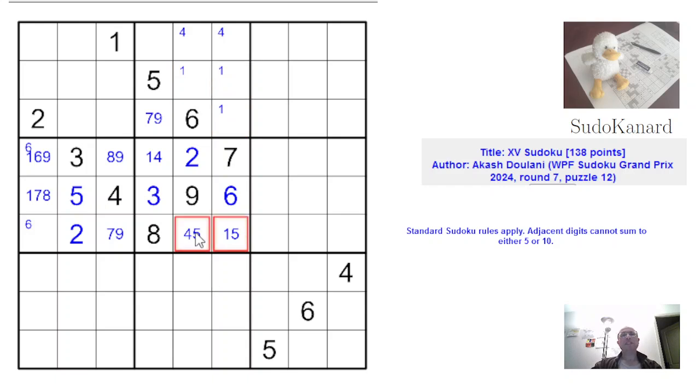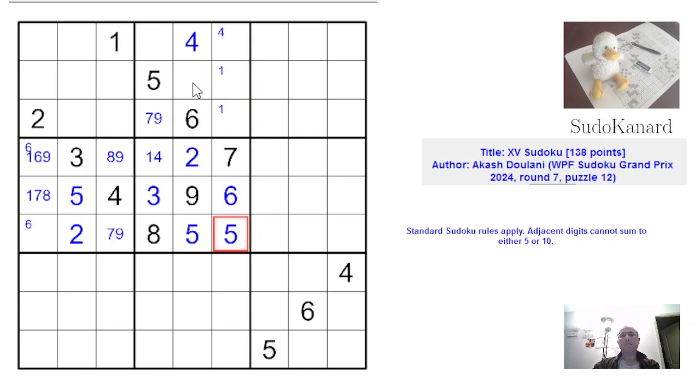And something interesting here is the positions of 4 and 1 here. So we know that there has to be a 5 in here. And this is interesting because if you try to put the 4 here, then 1 can't be here and it has to be there.